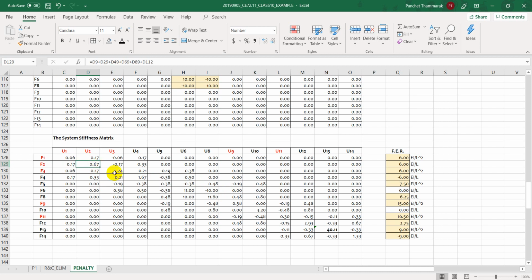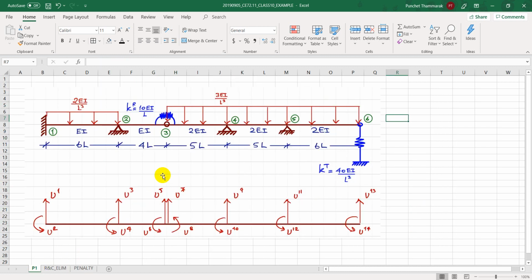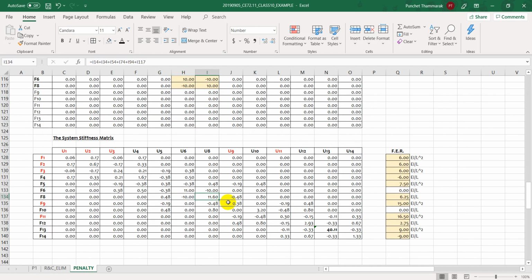Rotation, U6 is 11. Why is it 11? Because it has that spring. So maybe we put approximately 10 million for the penalty spring stiffness.